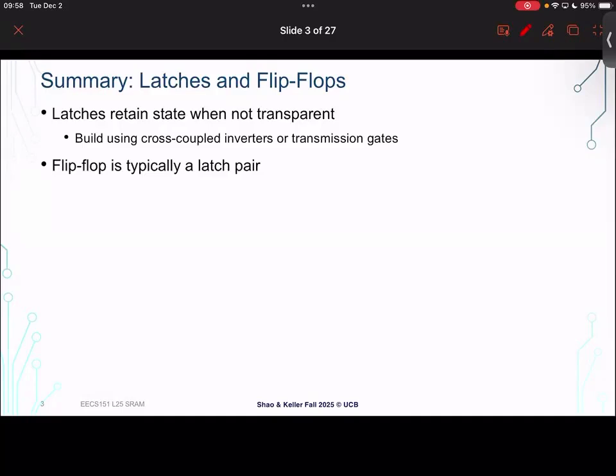And you can build them using these cross-coupled inverters or other cross-coupled circuits. Also commonly these transmission gates, which again were kind of weird compared to previous CMOS logic we looked at. And then we talked about how to build flip-flops, which is very easy once you can build a latch, because a flip-flop is just two latches. But the behavior changes. And so a flip-flop toggles only on the rising edge of the clock, unlike the latch, which passes data as long as the clock is high.